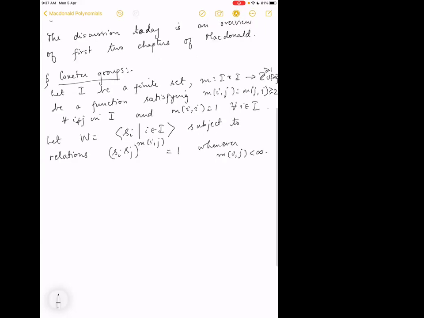Okay, and the groups appearing this way are called Coxeter groups, and this (W, S) is called a Coxeter system.